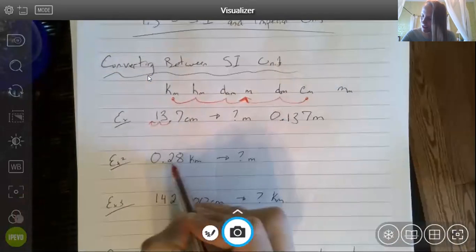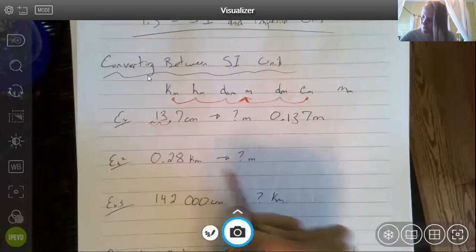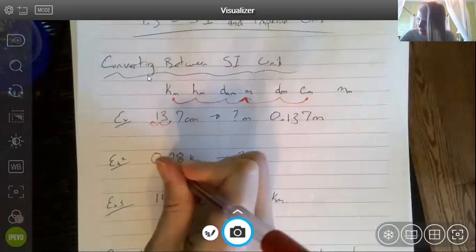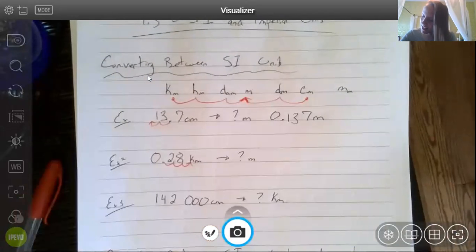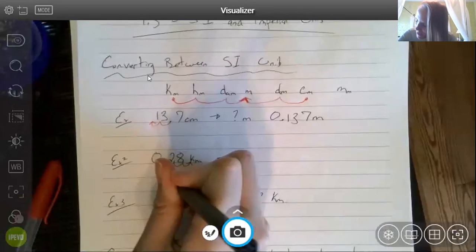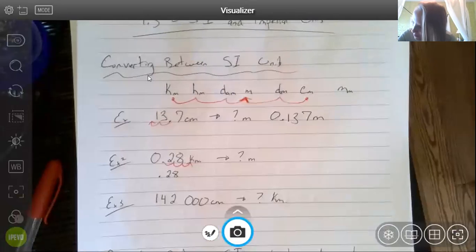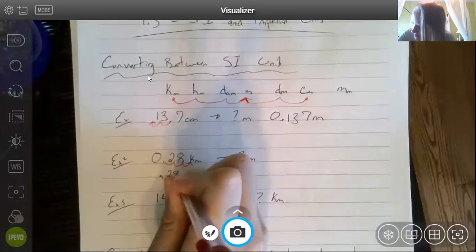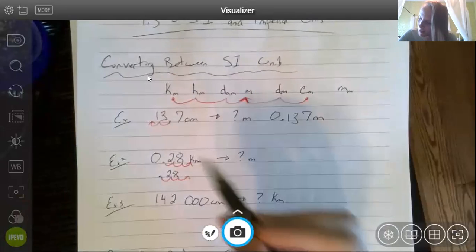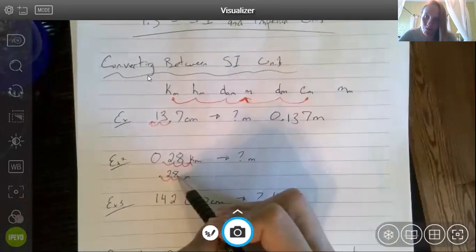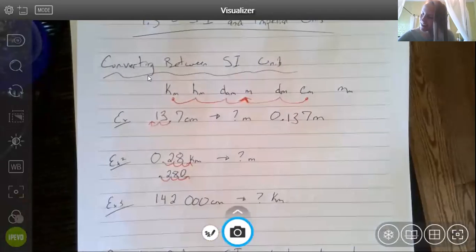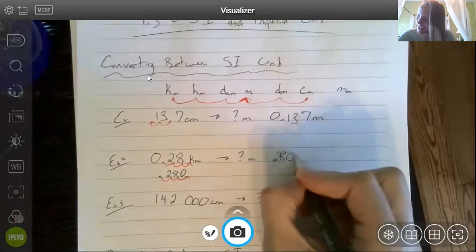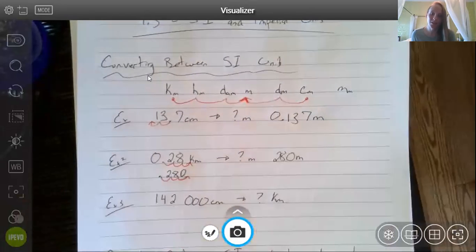So once again, I'm going to start where my decimal place is, and I'm going to move 1, 2, 3 spots to the right. That leaves me, and I'll just kind of rewrite it down here, with 0.28 becoming this. And so anywhere that I have this kind of empty space, I'm going to write in a 0. And so my answer is 280 meters. You could also multiply by 1,000 to get that.